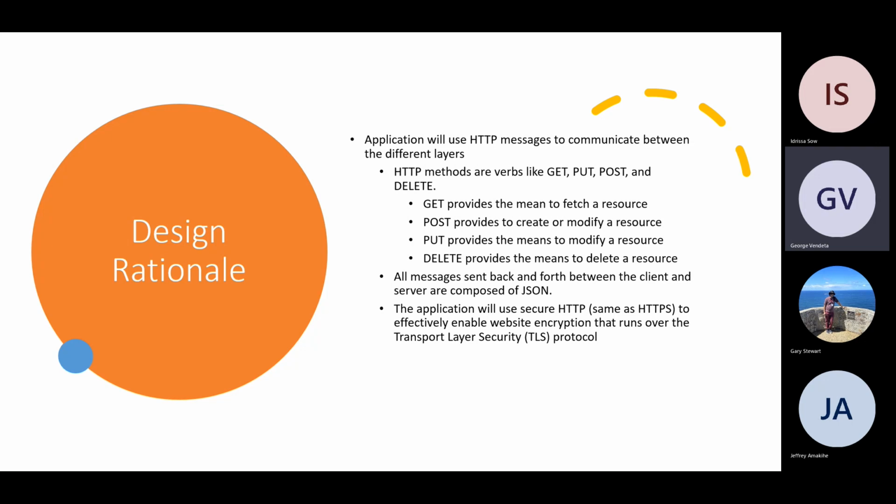All messages are sent back and forth between the client and server, and the application will use secure HTTP, again HTTPS, to effectively enable website encryption and security. This concludes our presentation. Thank you, everyone.